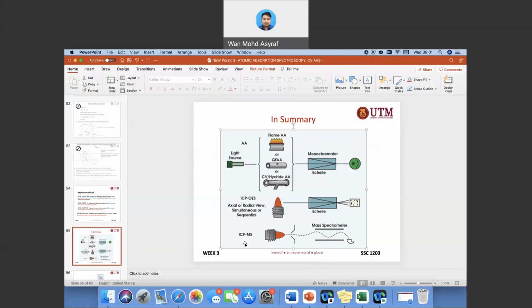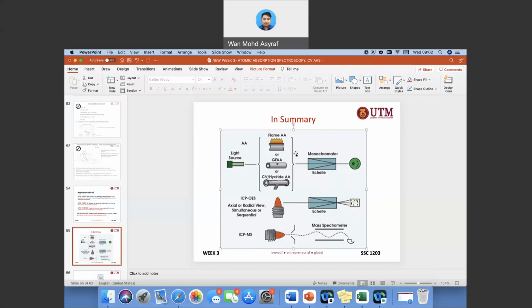ICP or ICP-MS you will learn in the next chapter. But for ICP, there is just a plasma here, where the plasma is your atomizer and also your source of light, where the emission will be detected by a detector, but there is a monochromator here as well.